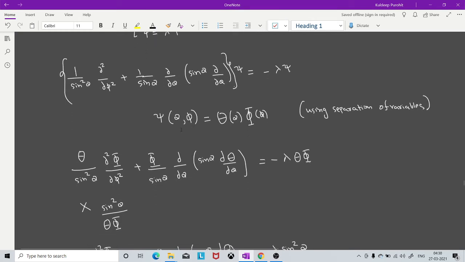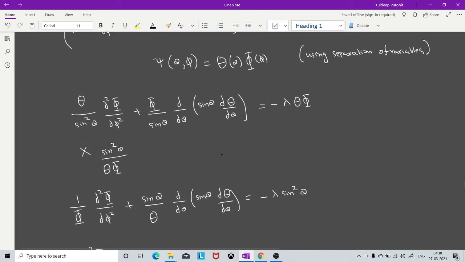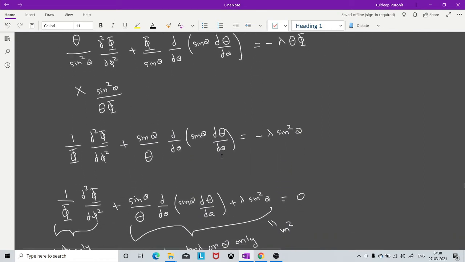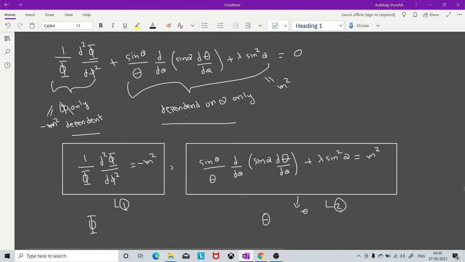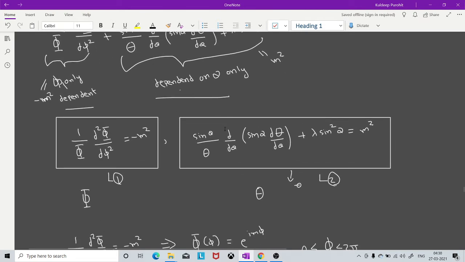We have used the separation of variables. We separated the solution psi in terms of theta and phi, and because of this the differential equation is also separated in two parts: one is a phi dependent part only, and one is only theta dependent part.